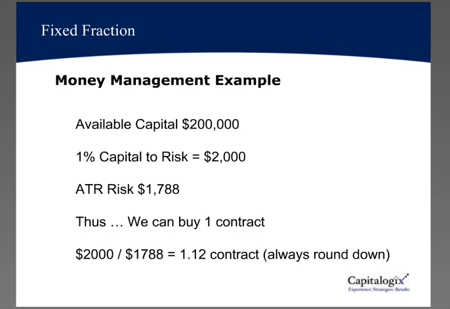And rather than always trading a single contract, you'll be able to look at your account size as it grows and as volatility adjusts itself, greater or lesser, based upon the time that you're going to trade. Eventually, you'll trade 2 contracts, then 3 contracts, then 5 contracts, and you'll see what the net effect is by applying this particular money management. But the key here is don't always think in terms of trading a single contract.